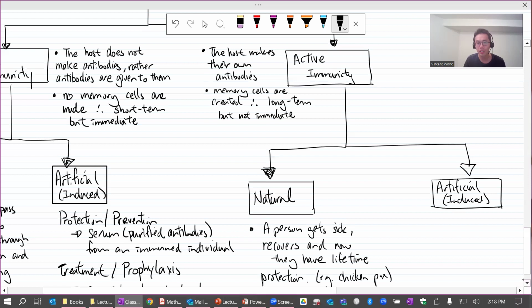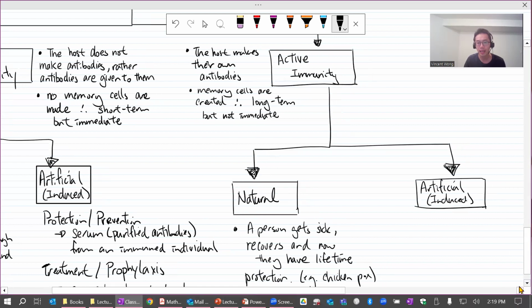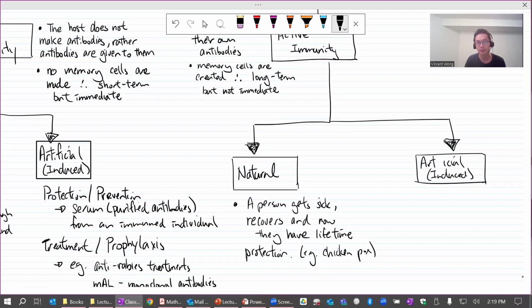So how do you protect yourself from getting too ill? Well, you can get artificial active immunity, which is like a vaccination. Okay, vaccination, e.g. a flu shot. The flu shot contains a weakened form of the flu virus.